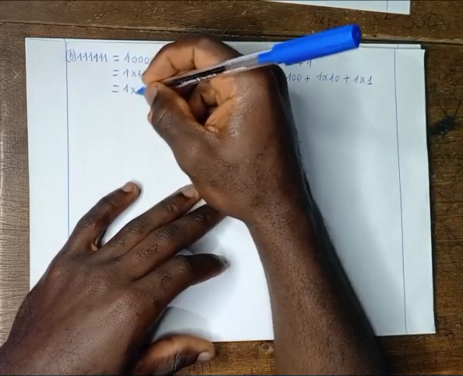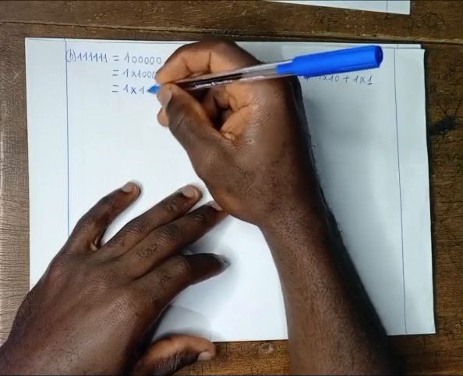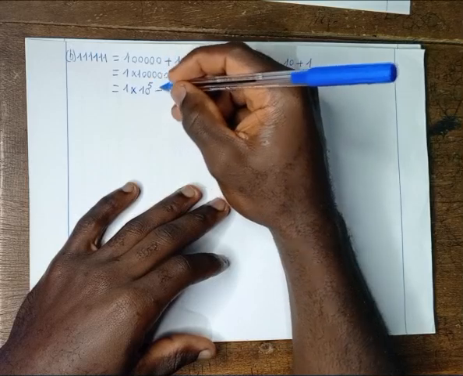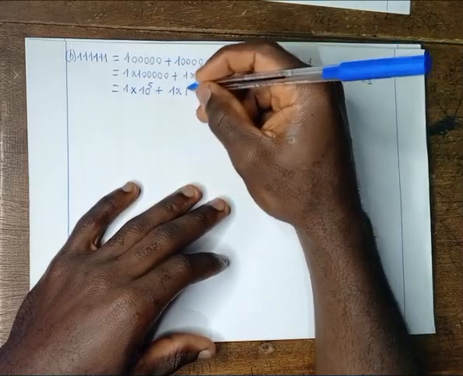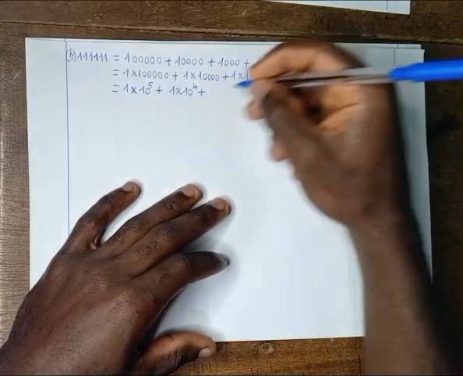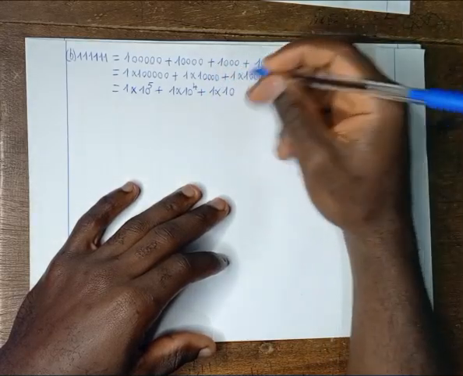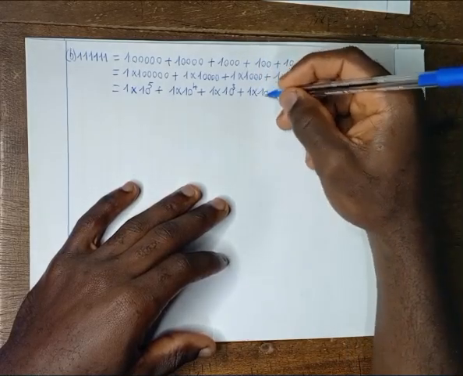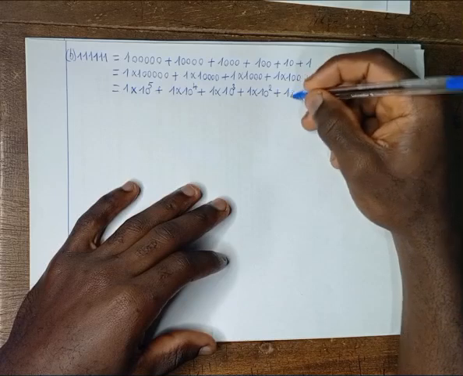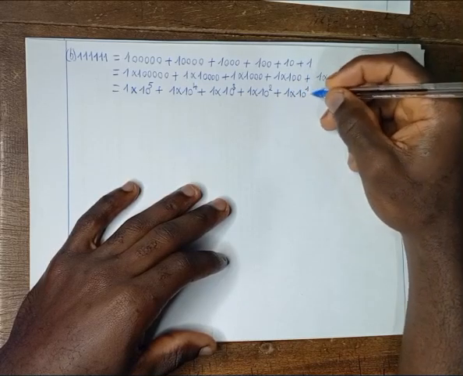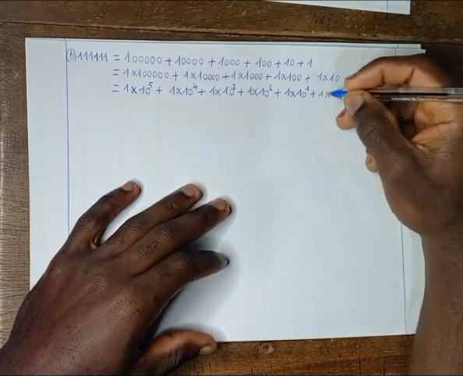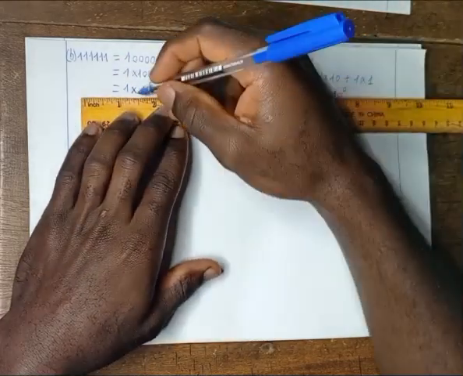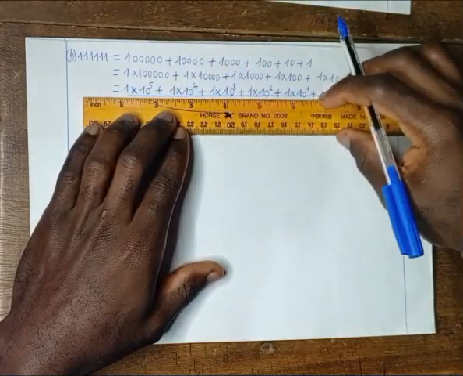This will simply be equal to 1 times, we know 100,000 in index notation will simply give us 10 to the power 5, plus 1 times 10,000 is simply 10 to the power 4 plus 1 times 1,000 is 10 to the power 3 plus 1 times 100 is simply 10 to the power 2 plus 1 times 10 is simply 10 to the power 1 plus 1 times 1 is simply 10 to the power 0. Underline the result.